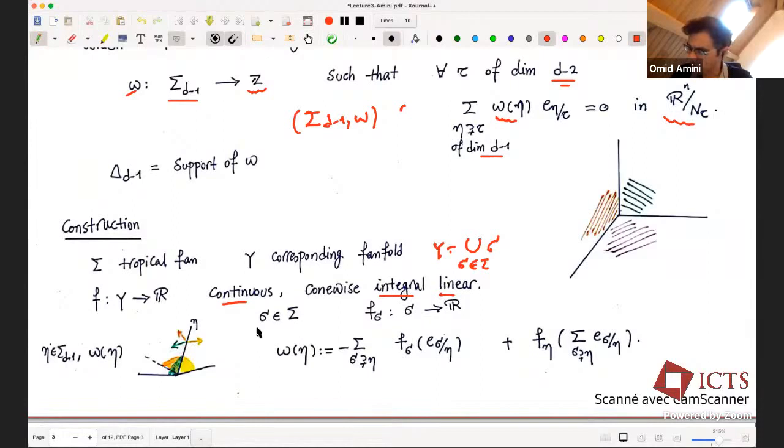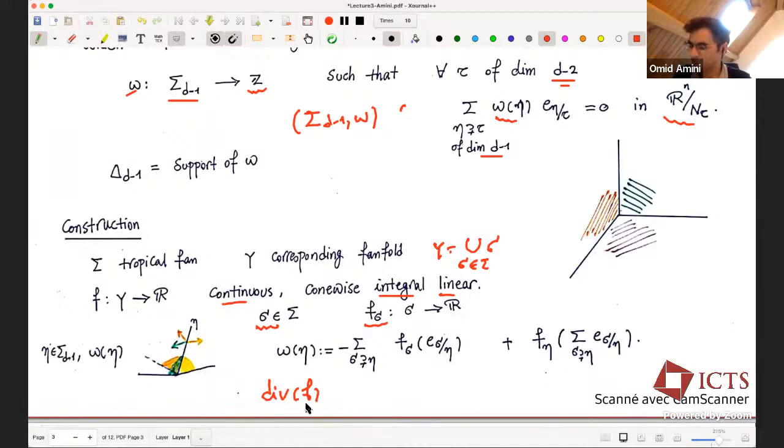So on each cone sigma, you are given this f sigma, which goes from the cone sigma to R, and as I said, on each integer vector of sigma, it takes values in Z. Using this f sigma, you produce a divisor, which will be denoted the divisor of f.